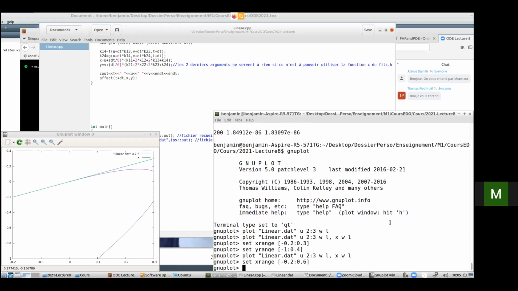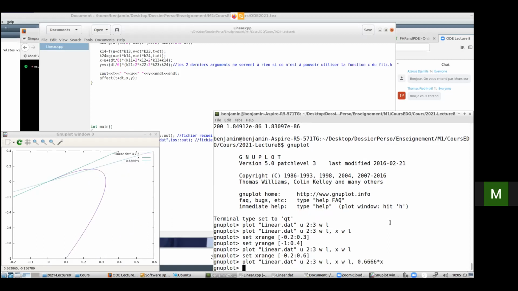Okay, now if you remember, we had the null line for the y. The null line for the y was y equals 2/3 of x. So I can also plot this null line. Now what you can see here is two things.